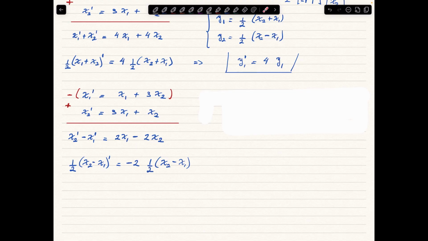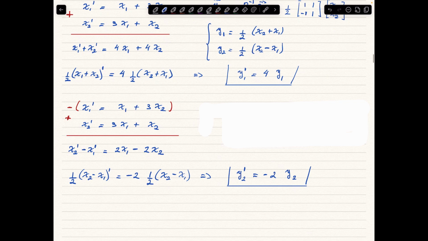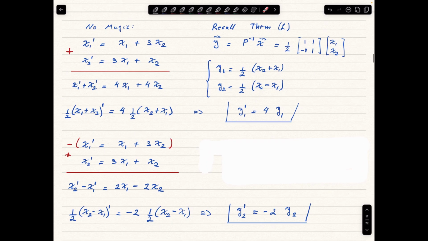And now we have our second variable, which is y2. So what we get here is that y2 prime is actually -2 y2.